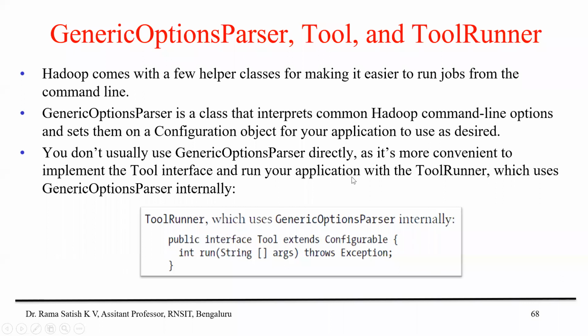And remember one very important thing: you don't usually use GenericOptionsParser directly. It is more convenient to implement the Tool interface and run your application with ToolRunner, which uses GenericOptionsParser internally. That's the concept here.